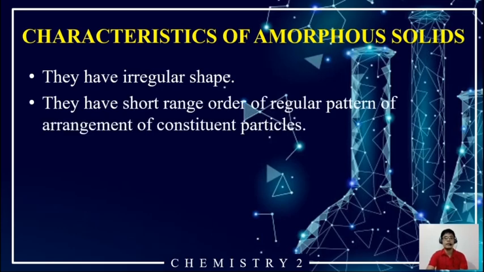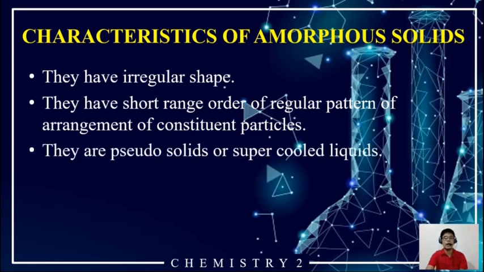And also, they have short range order of regular pattern of arrangement of constituent particles, because it really requires time para ma-form yung perfect arrangement of those molecules. But then, dahil kaunting oras lang yung nagkaroon siya, itong amorphous solid, irregular shape niya. And also, they are pseudo-solids.